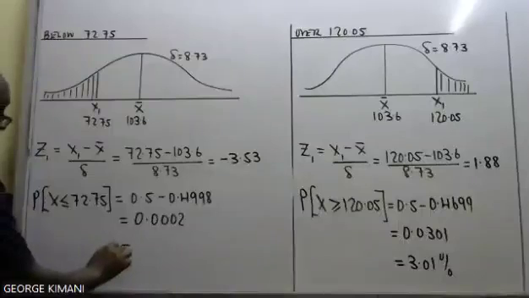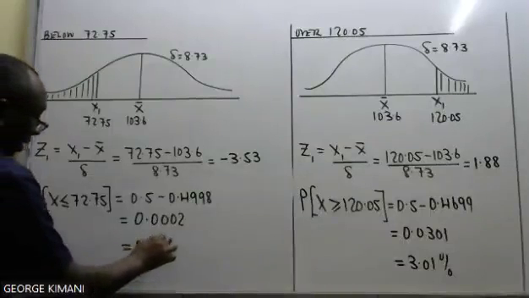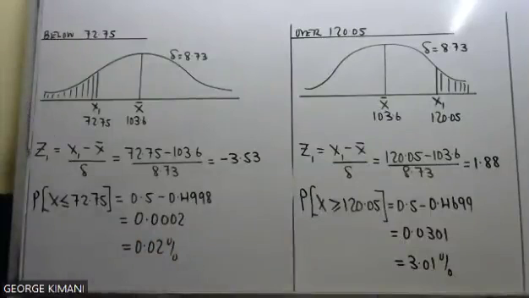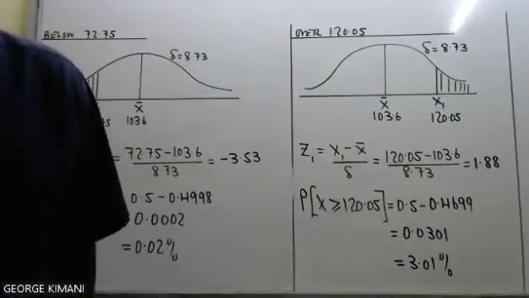So if you multiply by 100, this is 0.02%.